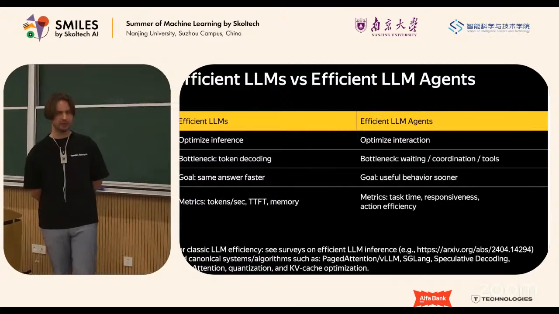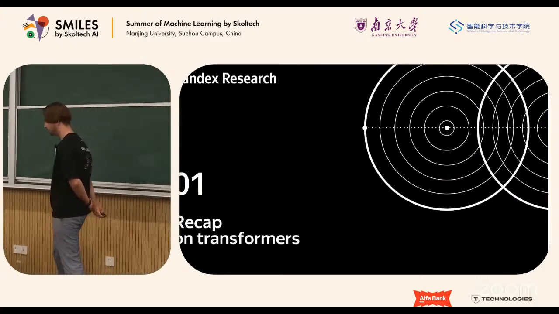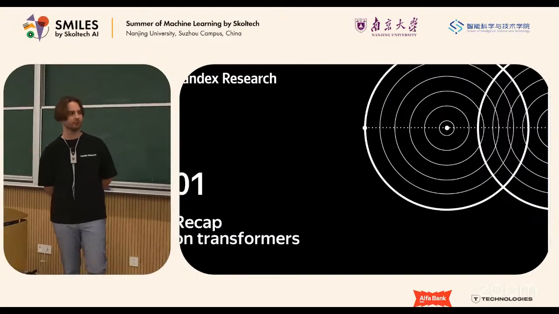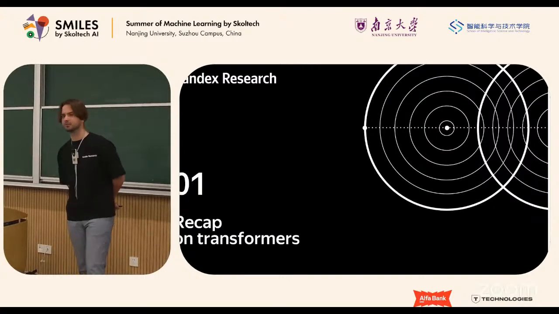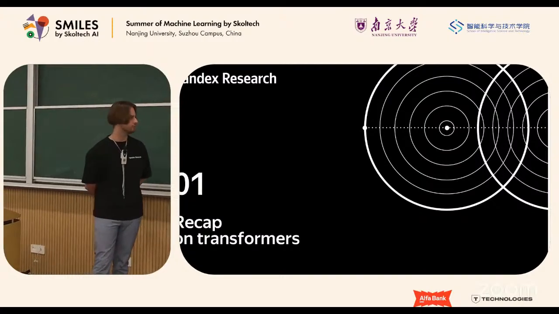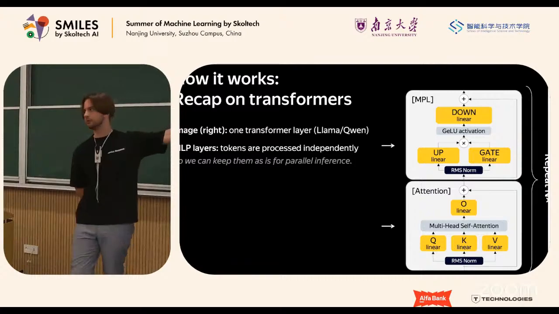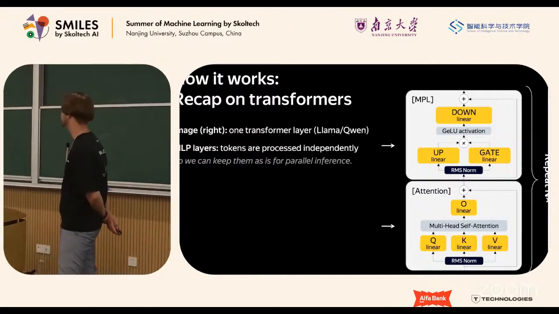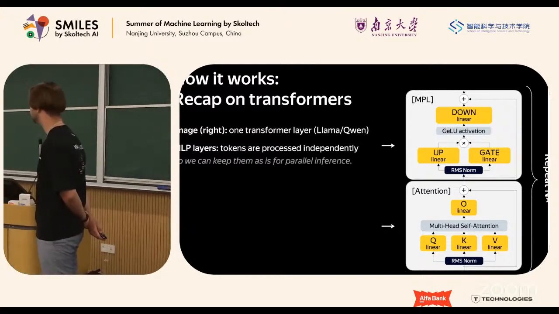But before that, I want to quickly go through a transformer recap. I think that most of you know all of this stuff, but some of it will be important in understanding the mechanism later, so we'll go through it quickly. We know each other. This is the transformer: attention, MLP, nothing crazy.